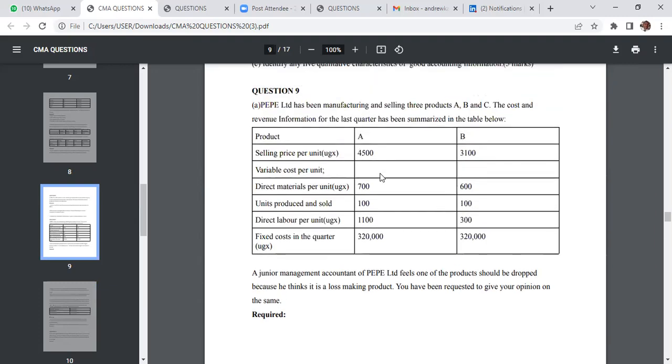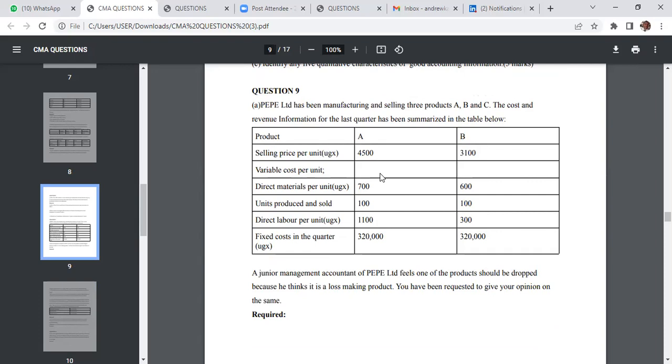So you're given this information, 2 products. Pepe Limited has been manufacturing and selling 3 products, A, B, and C. They're saying that the cost and revenue information for the last quarter has been summarized in the table below.